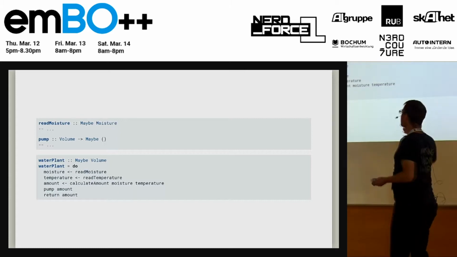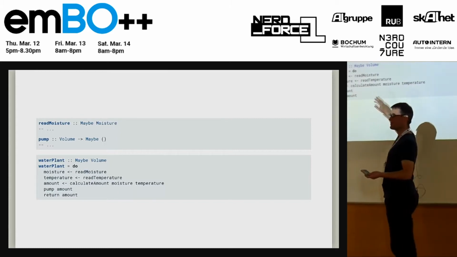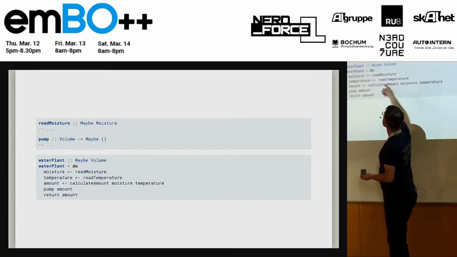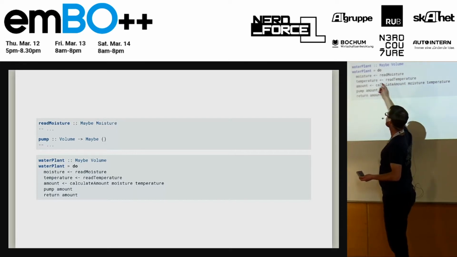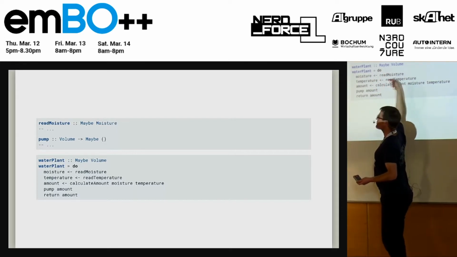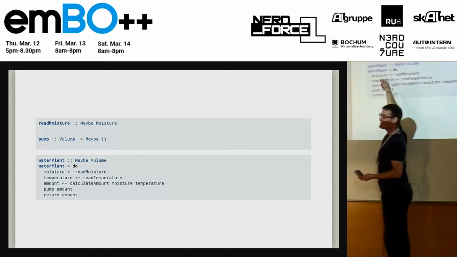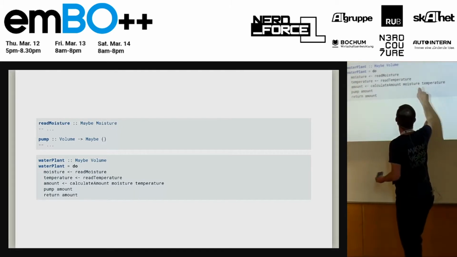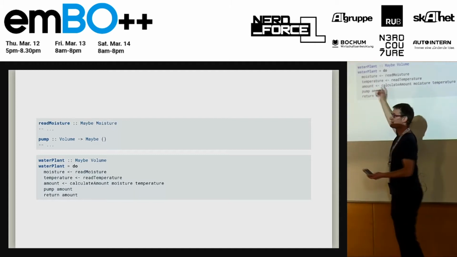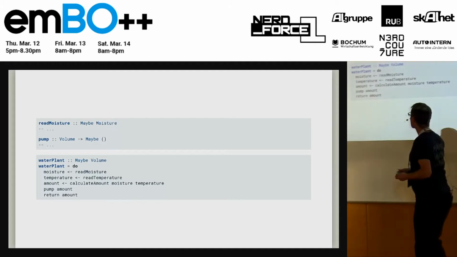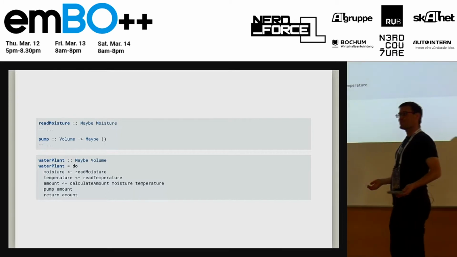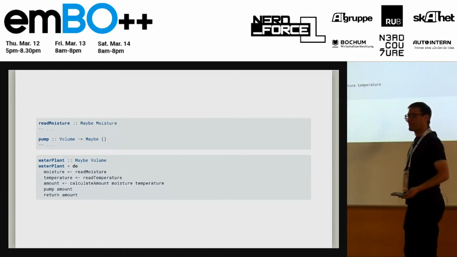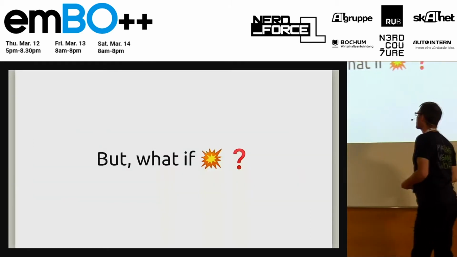I think it should not be that difficult to understand. It reads the moisture, and the error is pointing there, so maybe the moisture gets into this thing that's called moisture, and so on, and the calculate takes the moisture and the temperature and then the amount and pump and return. Now this code maybe just looks that nice because there is no error handling at all. It's like the first example.